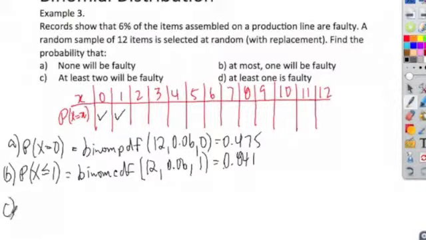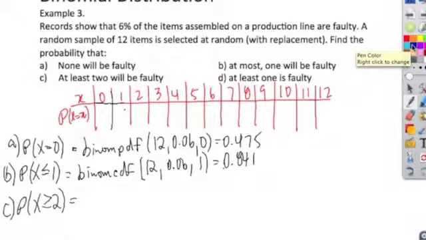Now in C, the probability at least 2 will be faulty. Well, at least 2 will look like this. At least 2 is x greater than or equal to 2. So in this case, what we're looking for is the probability of everything more than or equal to 2.